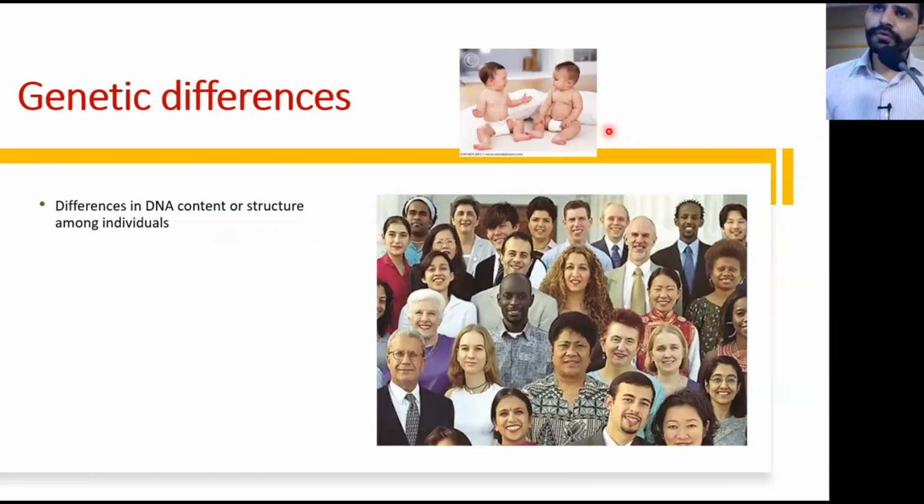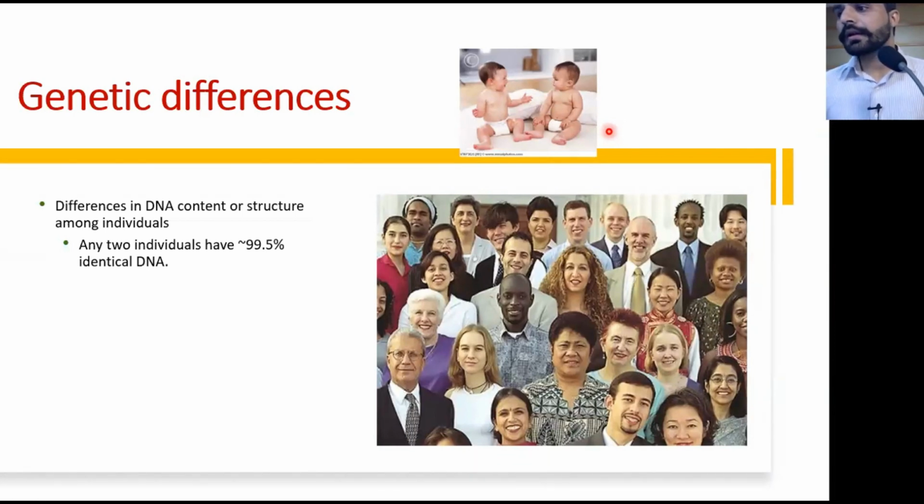But in addition to genomic information, we are also interested in the differences in the genetic makeup of different individuals. As we already talked about, a phenotype is a result of genome information, because genome information is transcribed and translated, and the translated proteins give rise to a phenotype.